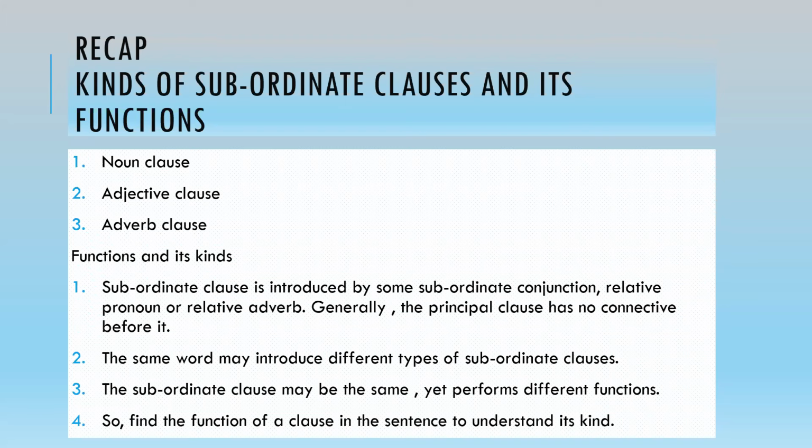Generally, the principal clause has no connective before it. The same word may introduce different types of subordinate clause. The subordinate clause may be the same, yet perform different functions, which you have seen with the same clause, where he lives. So find the function of a clause in the sentence to understand its kind.